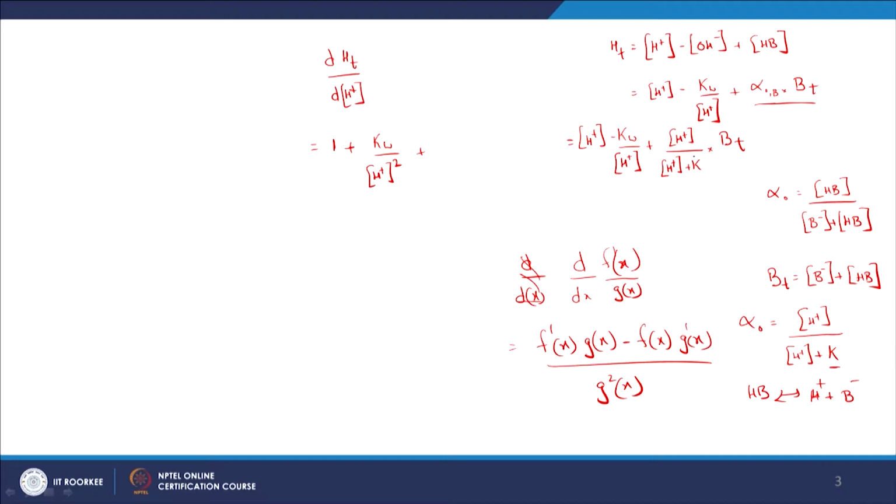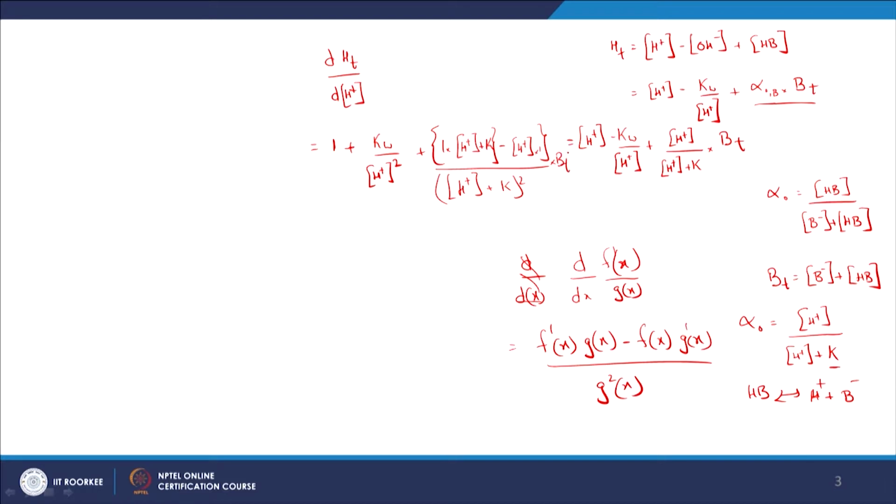So the derivative of f of x, which is h plus k, is going to be equal to 1 into g of x, which is h plus k, and a negative symbol here, and f of x is again, let's have this in these brackets, f of x is now h plus, and the g of x derivative is again equal to, I guess, 1, right? Yes, and the denominator is now equal to h plus k whole square into b total, right?